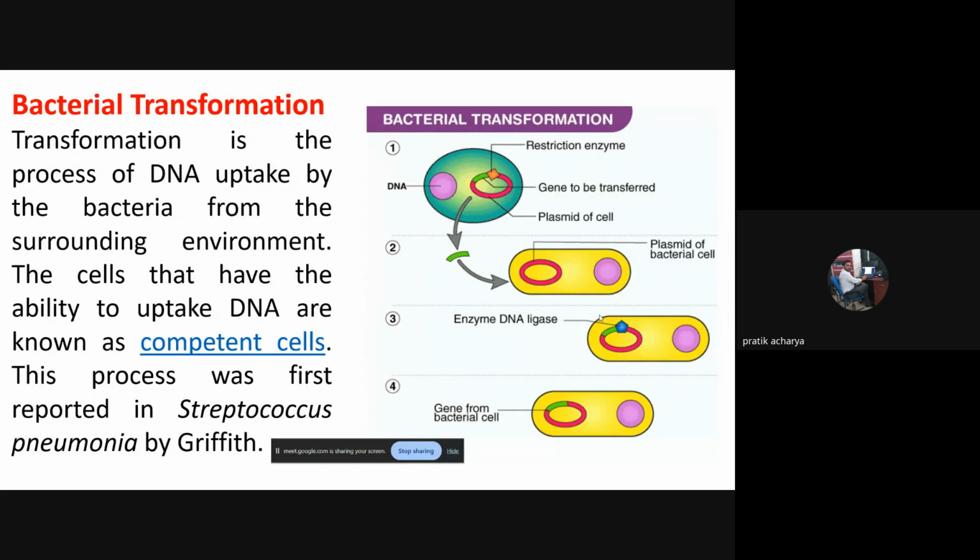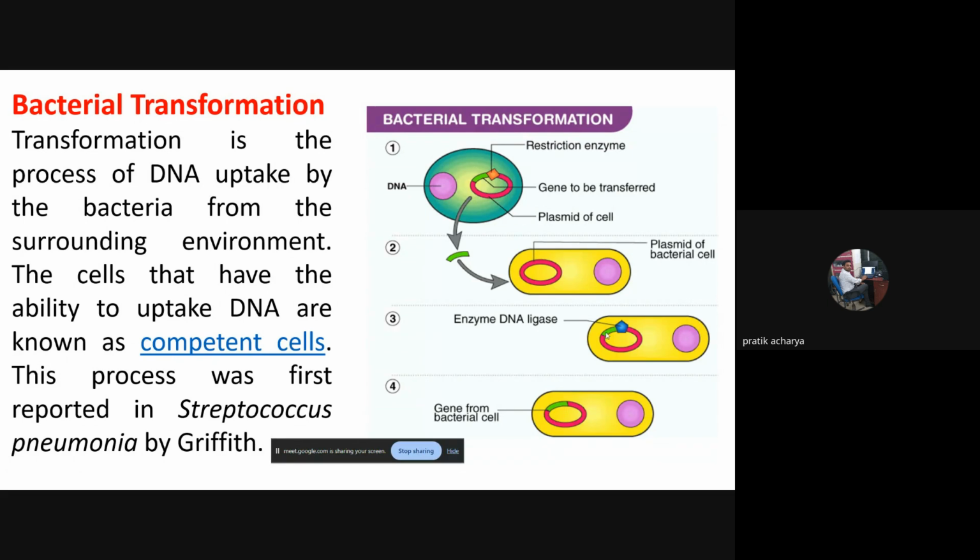Then we can see the next step, which is known as expression. That means if the DNA is integrated successfully, in this picture, the DNA is successfully integrated by using DNA ligase, molecular glue.